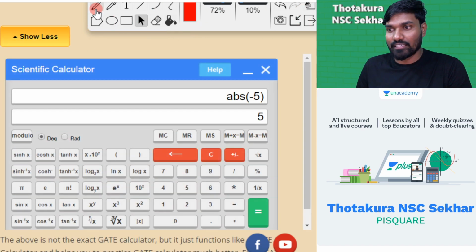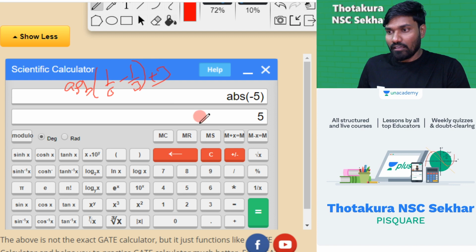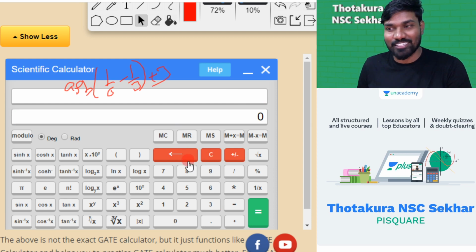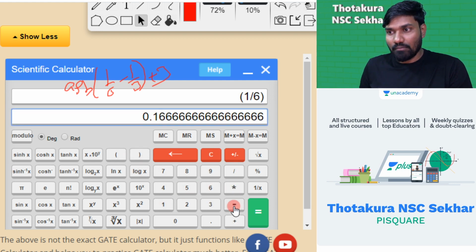Okay, now let me tell you what this calculator can actually do. Before that, let me finish this part: ABS of 1 by 6 minus 1 by 3 plus 3. Open the bracket, 1 by 6. Always clear the screen, guys, before starting any equation. 1 by 6 minus 1 by 3.